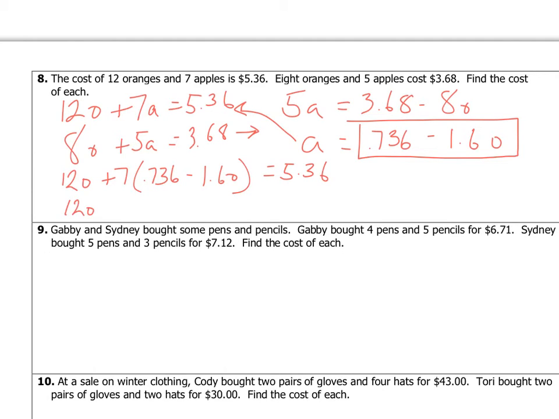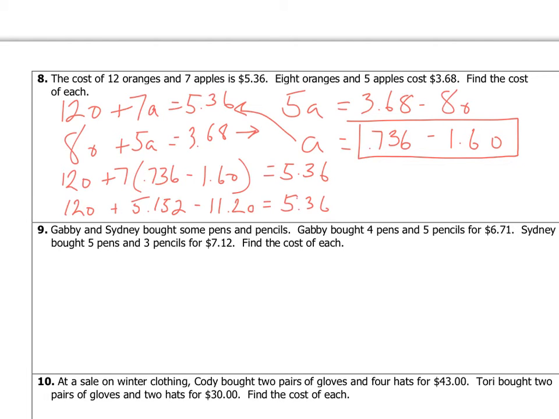Here we go. I've got 12O. Let's see, 0.736 times 7 is another great number, 5.152. Then we're going to have 1.6 times 7. That's going to give me negative 11.2 equals 5.36.